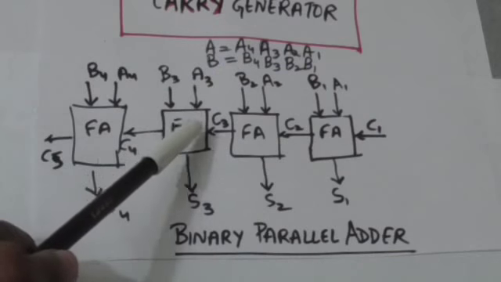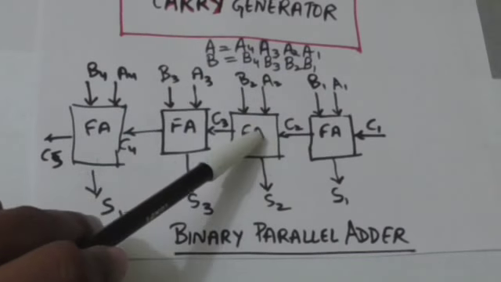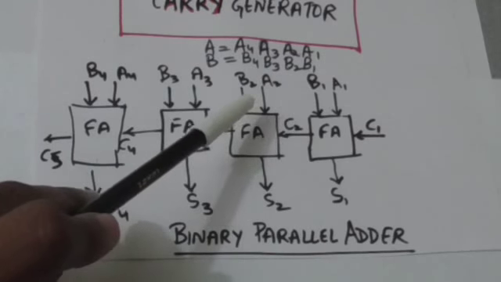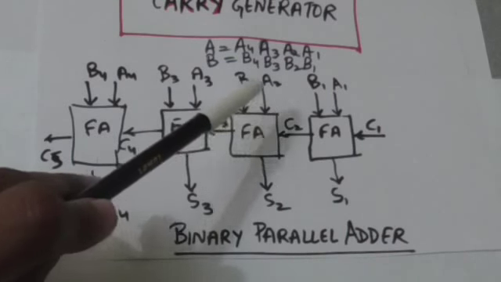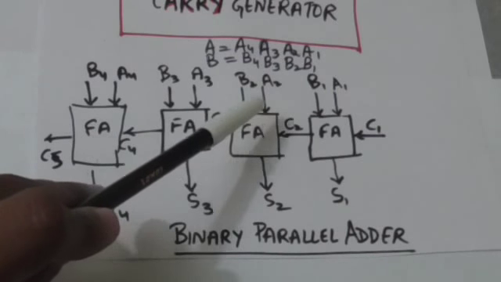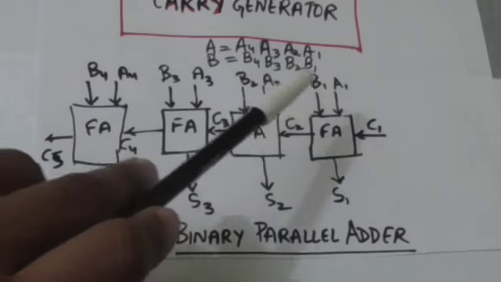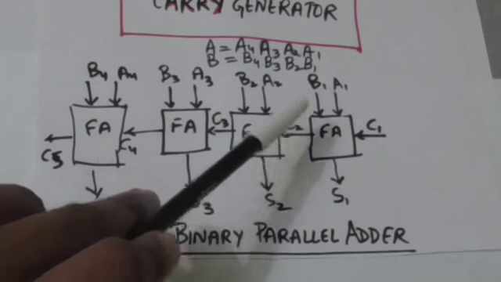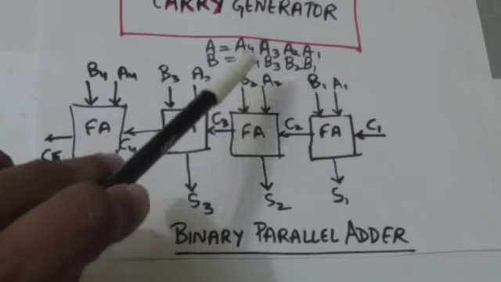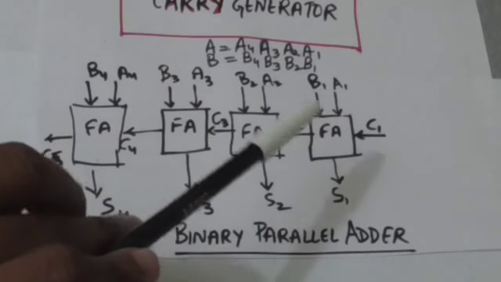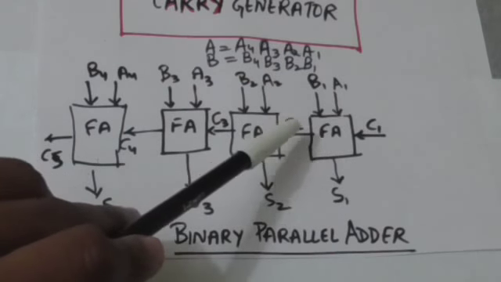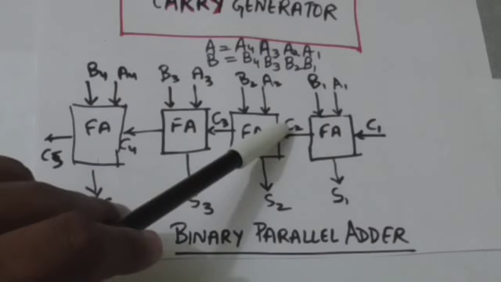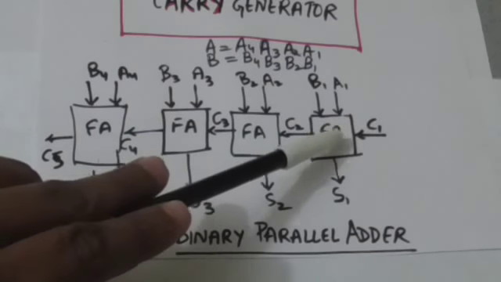Now C3 is the output of this full adder, and this full adder cannot produce correct value of C3 unless it has correct value of C2 along with A2 and B2, and C2 is the output of this full adder.